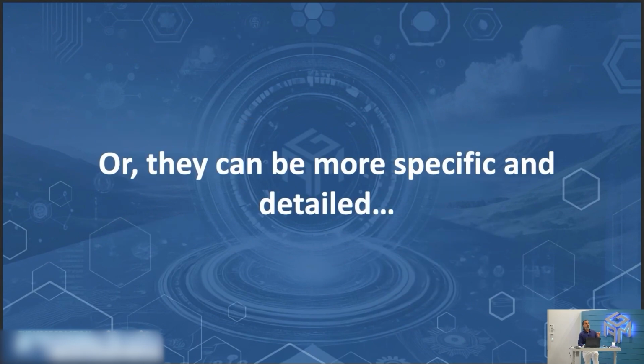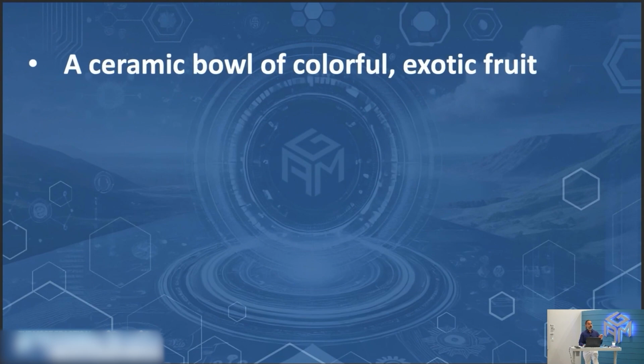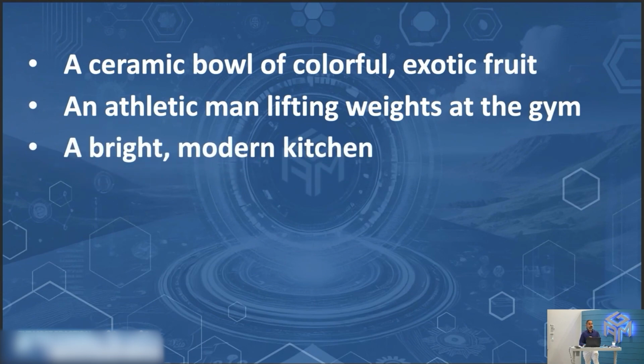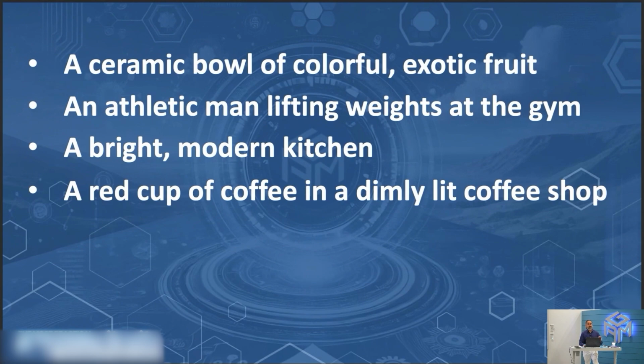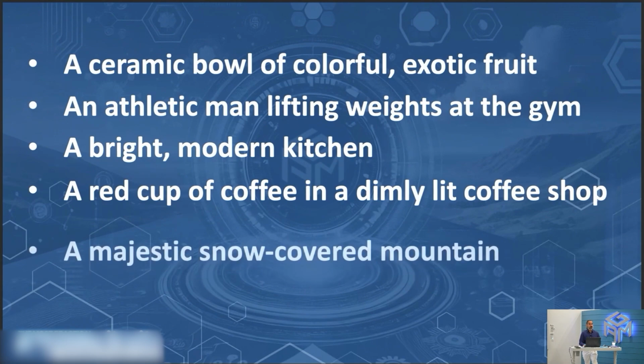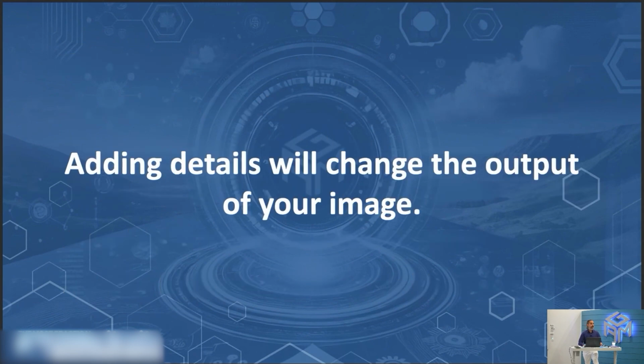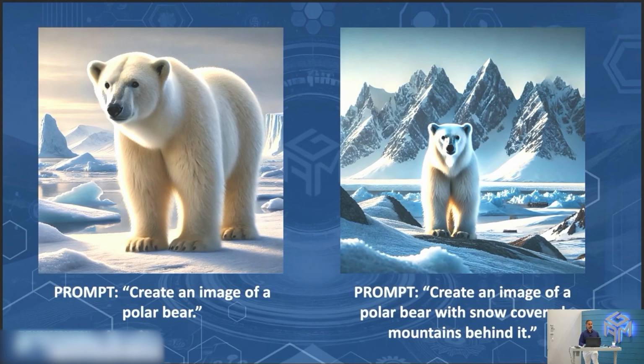Or they can be more specific and detailed: a ceramic bowl of colorful exotic fruit, an athletic man lifting weights at the gym, a bright modern kitchen, a red cup of coffee in a dimly lit coffee shop, a majestic snow-covered mountain, a polar bear standing on its hind legs. Adding details will change the output of your image. For example, create an image of a polar bear on the left. On the right, create an image of a polar bear with snow-covered mountains behind it.